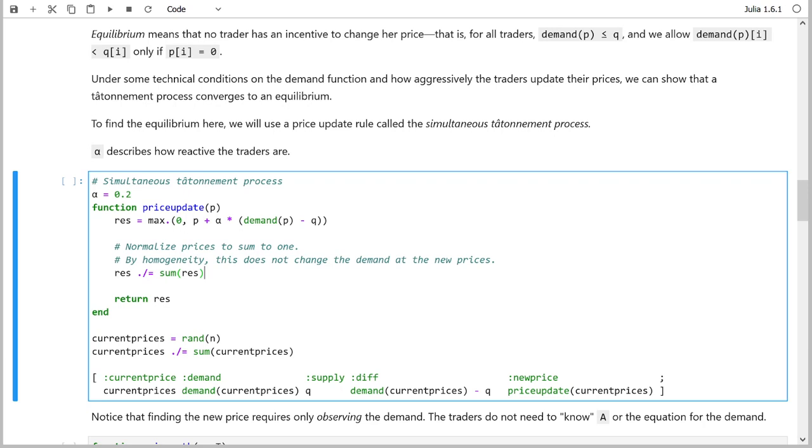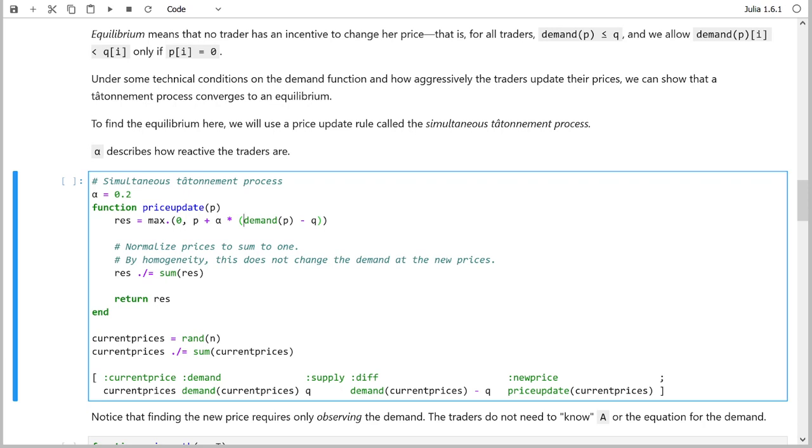Another way to think about this is actually the only reason this price normalization step is necessary is because of this max in here. If we look very closely at this price update calculation, and we imagine how it affects the sum of the prices, well, if P itself already sums to 1, and I took the sum of these updated prices, then the sum of the first term is going to be 1.